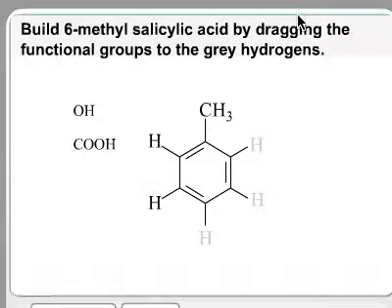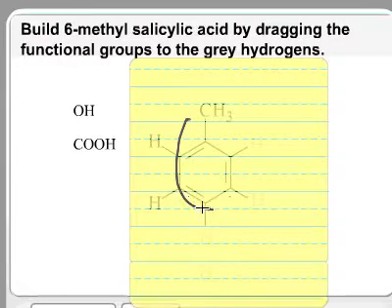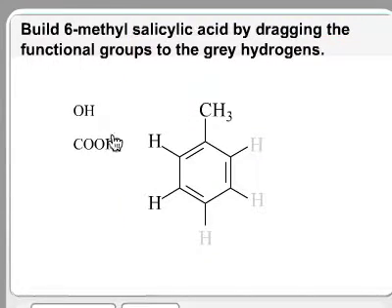All right, I want to give this one a try. 6-methyl salicylic acid. Now, salicylic acid is what we're seeing here right now, is toluene. So salicylic acid is a common name, I believe, for this carboxylic acid group. 6-methyl. Oh, I'm bad. This is the methyl group.